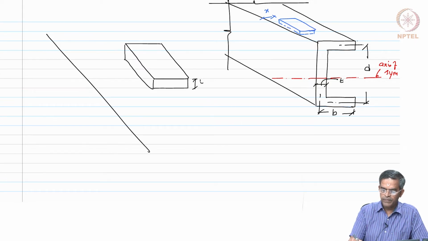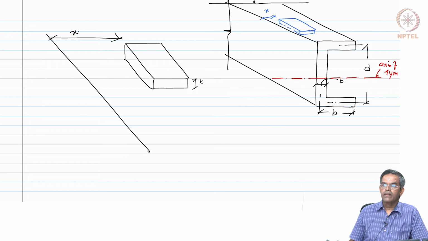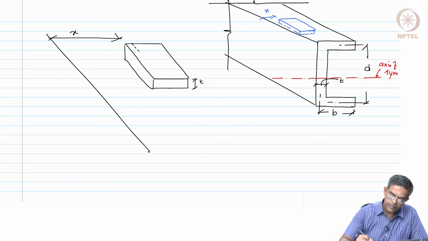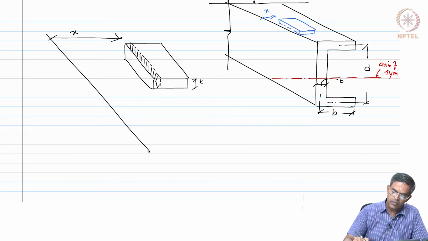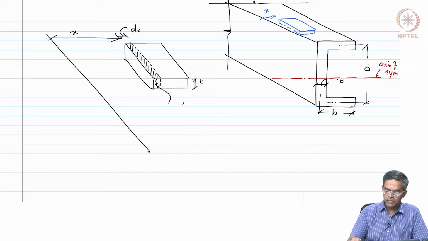Thickness t, let it be cut at a distance x and a strip is being cut of thickness dx and area of this hatched portion is dA.